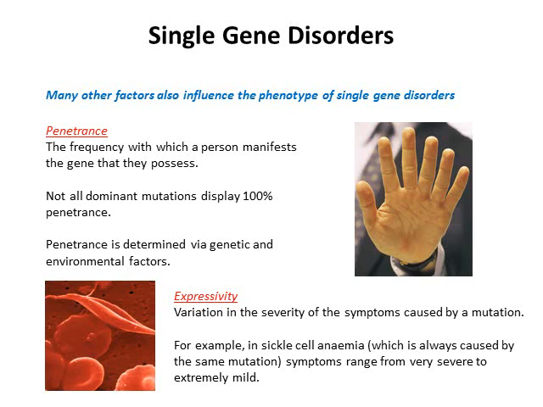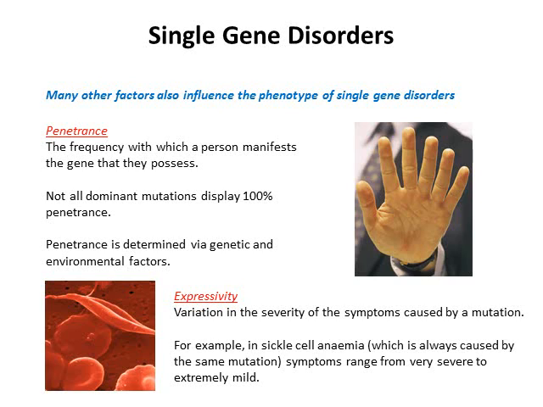This is a phenomenon whereby the same mutation in the same gene will in one person lead to a very severe disease, but in another person lead to a very mild disease, or perhaps not even a disease at all. And a good example of this is the mutation that causes sickle cell anemia. All cases of sickle cell anemia are caused by the same mutation, which we'll talk about in a couple of slides' time.